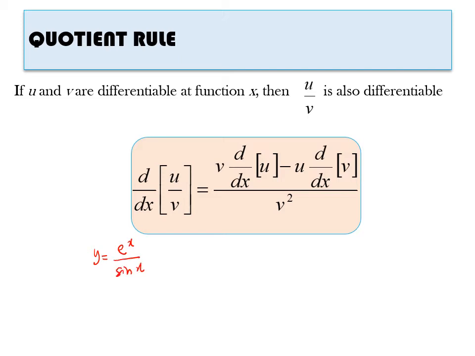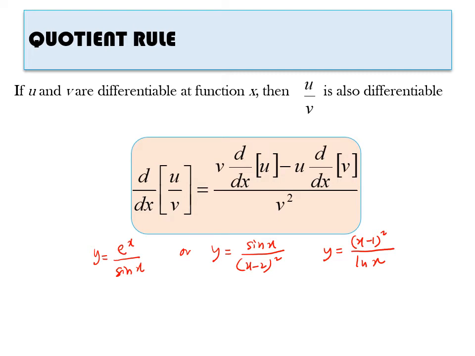Or maybe you have y equals sin x over (x minus 2) squared. Or maybe y is equal to (x minus 1) squared over ln x. So it's separate functions and they are combined together by division.